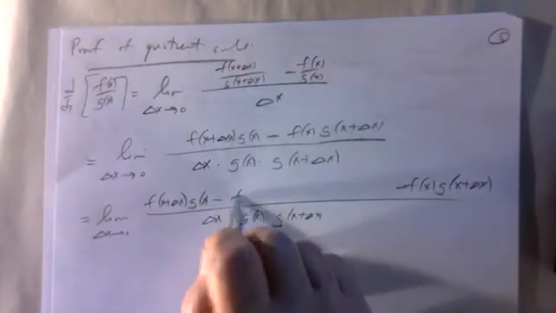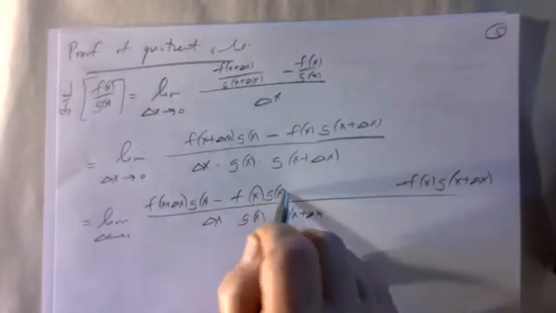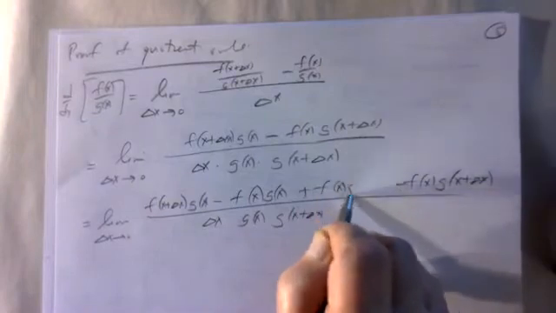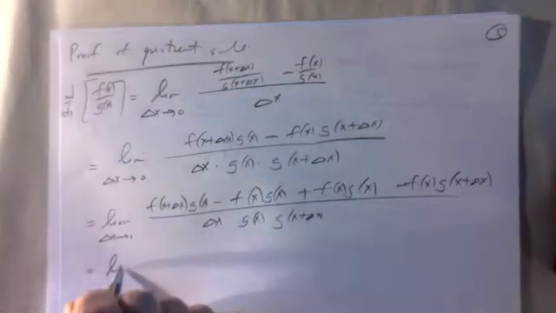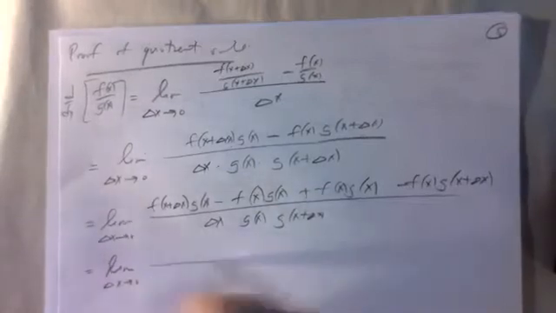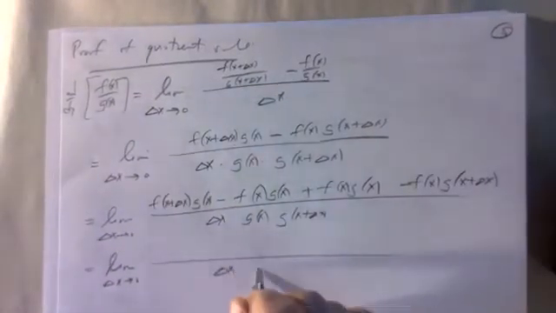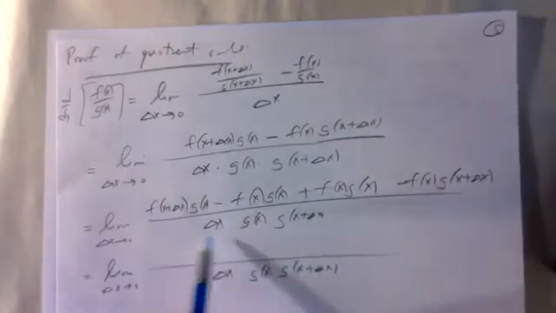I'm going to subtract f of x g of x and add f of x g of x. So I'm just adding and subtracting the same thing, which is always legitimate. So this is the limit as delta x goes to 0. I'm not changing this denominator.